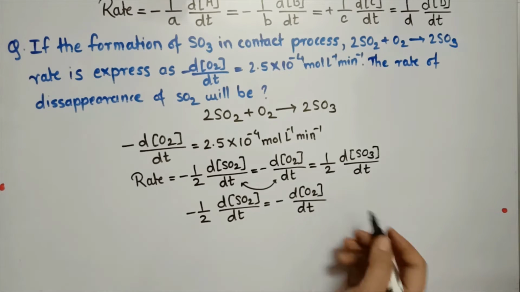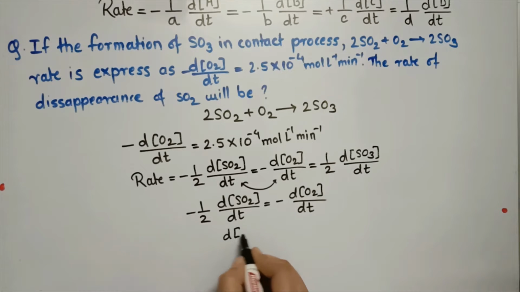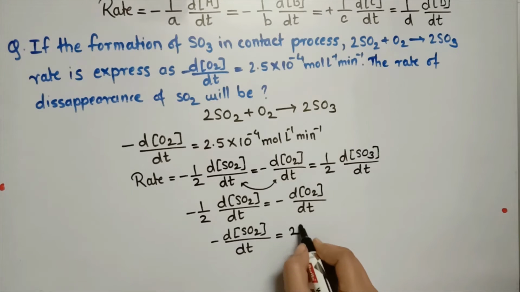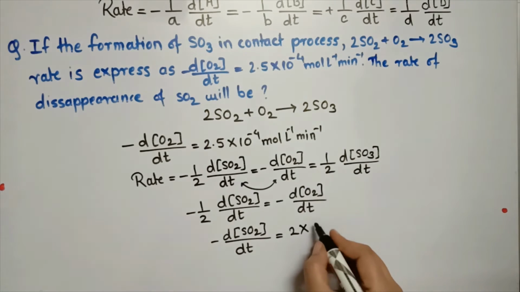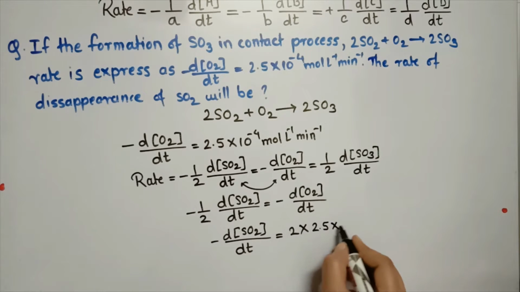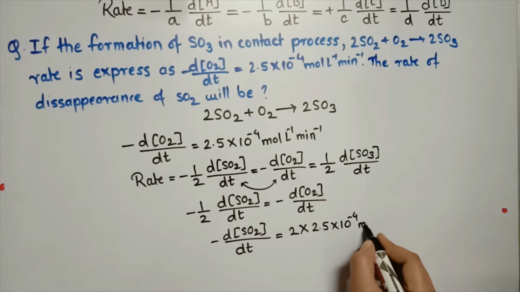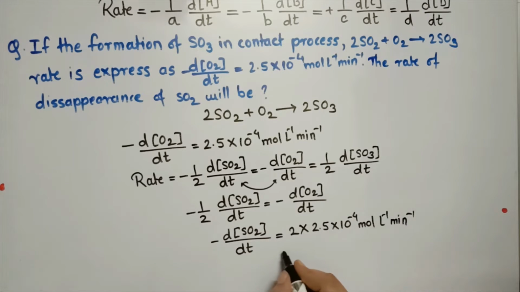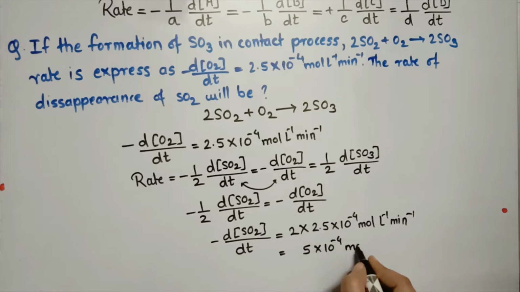Okay. So now the rate of disappearance of O2, that is minus d[SO2] upon dt, is equal to 2 into the value of this, which is 2.5 into 10 raised to minus 4 mole per liter per minute, which is equal to 5 into 10 raised to minus 4 mole per liter per minute.